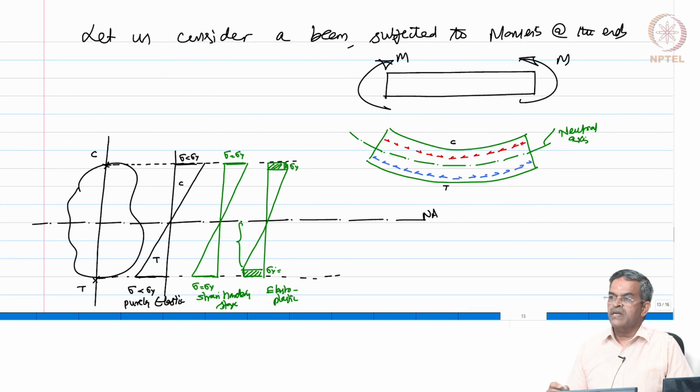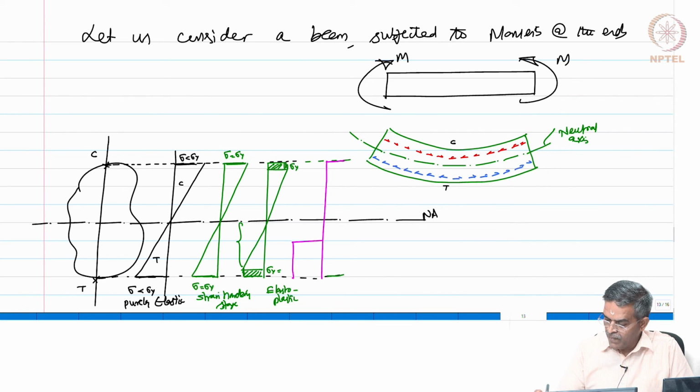Now, if you still further increase the moment applied on the beam, a stage will come where the stress diagram looks like this.